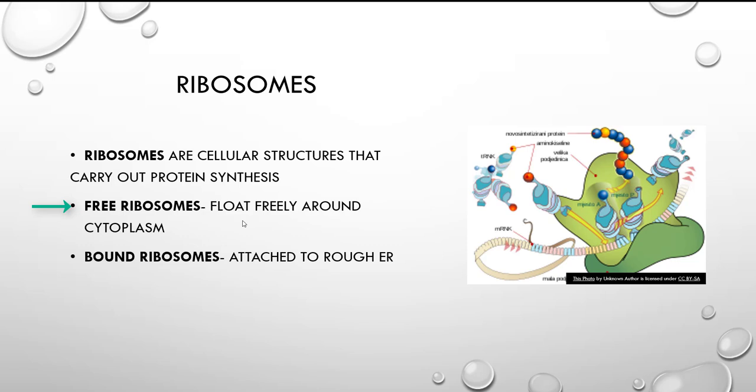Those proteins will be used within the cell, because the cell needs its own proteins for its own usage. So bound ribosomes are attached to the rough ER, and their proteins get secreted from the cell. Free ribosomes make proteins for use within the cell. That's the difference between the two types of ribosomes. Bound ribosomes make proteins to be secreted. Free ribosomes make proteins to be used within the cell.